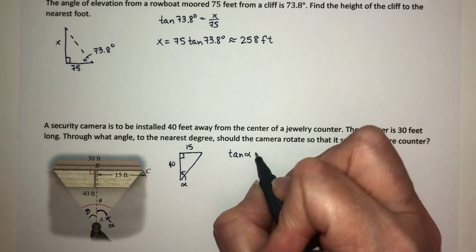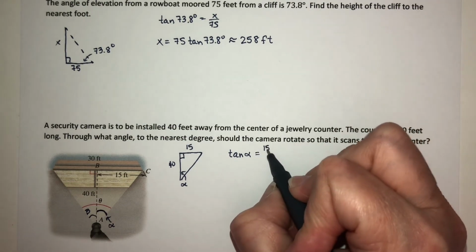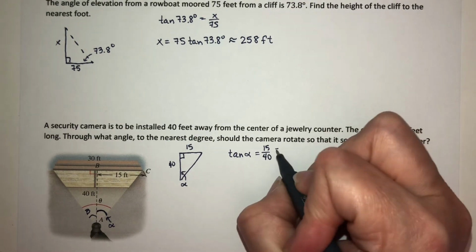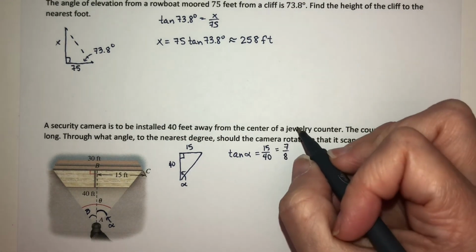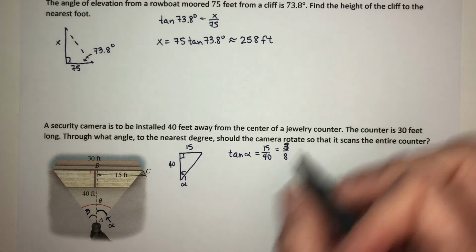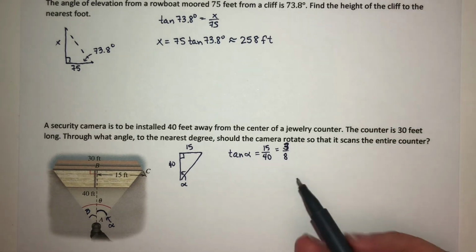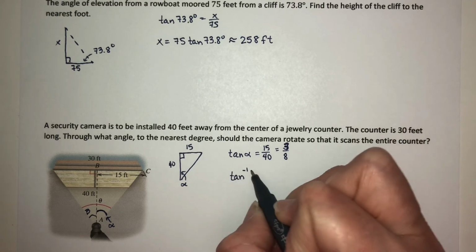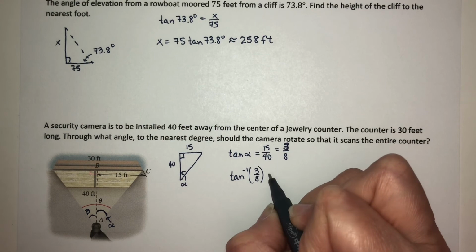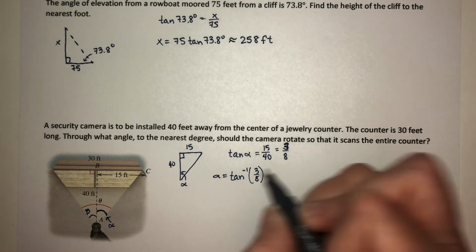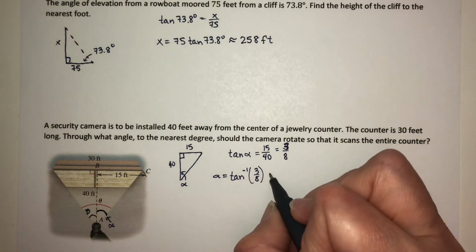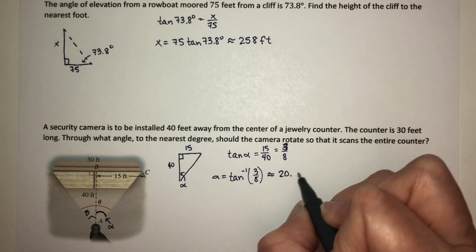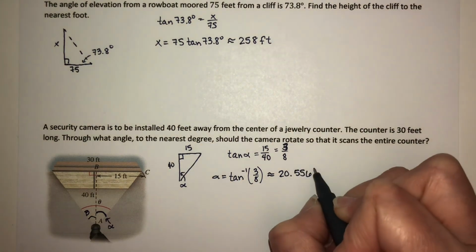Tangent of alpha is 15 over 40, which is 3/8. All right, so inverse tangent of 3/8 will give me my alpha value, and it is approximately 20.556 degrees.